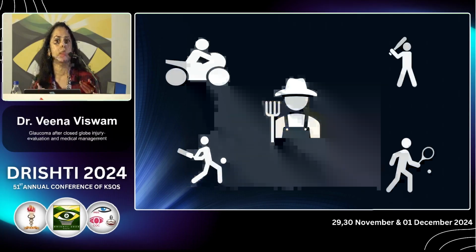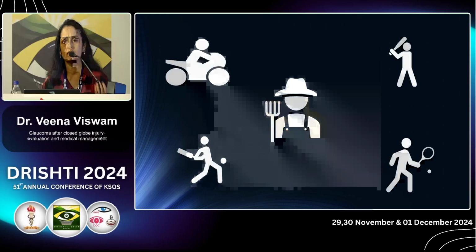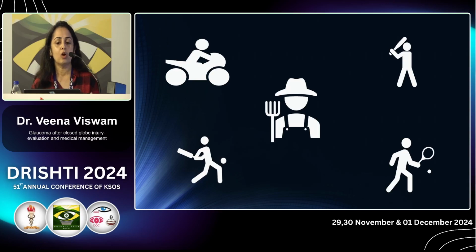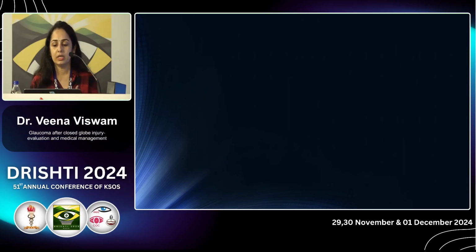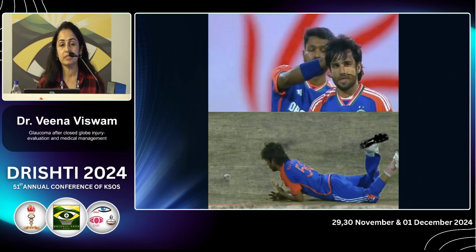These are some of the causes we usually see: sports injuries, very common, then occupational injuries, road traffic accidents. Such cases are usually brought to us in the OPD, and sometimes we even see our favorite sports persons getting injured in the field.